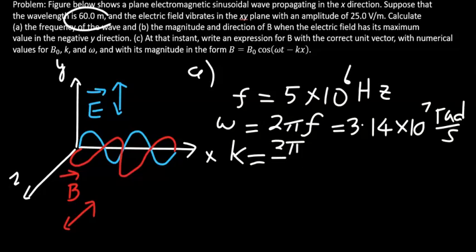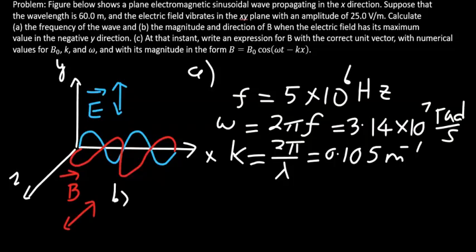Wave number equals 2 pi over wavelength. We know what the wavelength is. It's 60 meters, so 2 pi over 60 per meter. That is the unit for the wave number. Or quite simply 0.105 per meter.